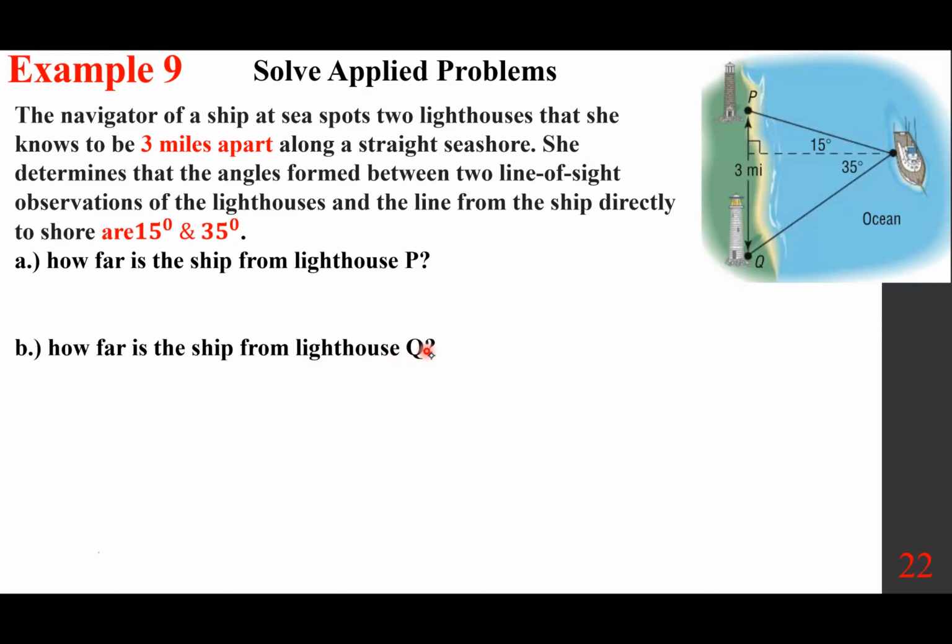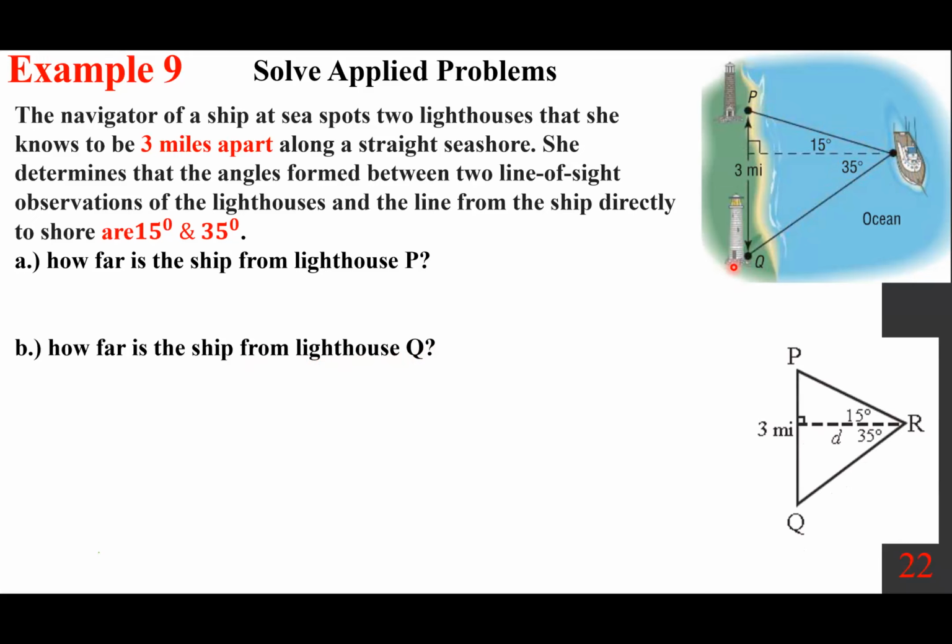Perfect. So if we are looking at this drawing, the lines of observation result in a 15-degree angle for P, a 35-degree angle for Q, and the distance between P and Q is 3 miles. So this is P, this is Q. Now this one, we're going to give it a name, R. This one is 15 degrees.